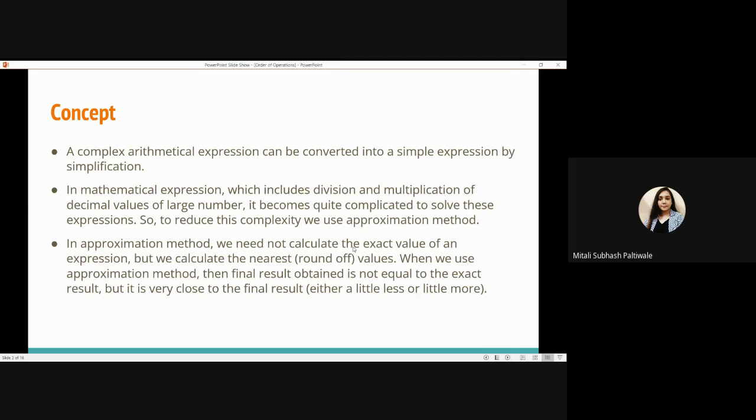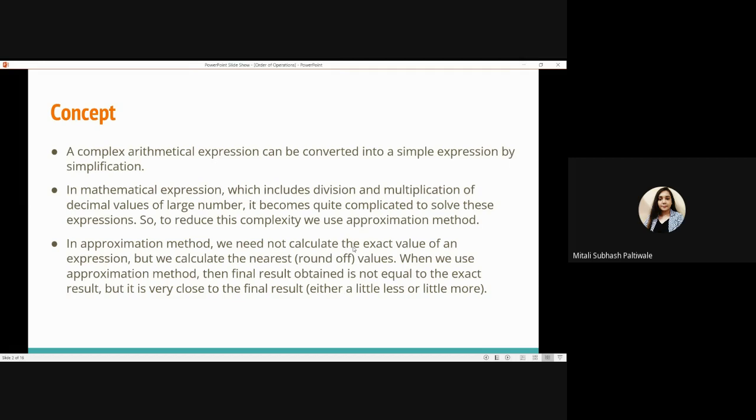In mathematical expressions which include division and multiplication of decimal values and large numbers, it becomes quite complicated to solve these expressions. To reduce this complexity, we use the approximation method. In approximation, we need not calculate the exact value of an expression, but we calculate the nearest rounded values.